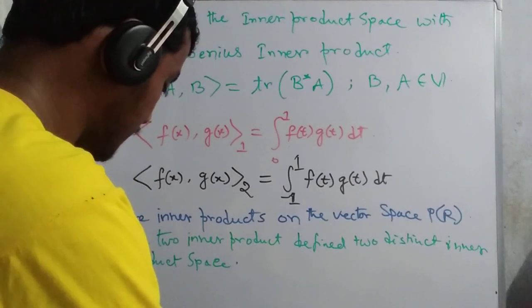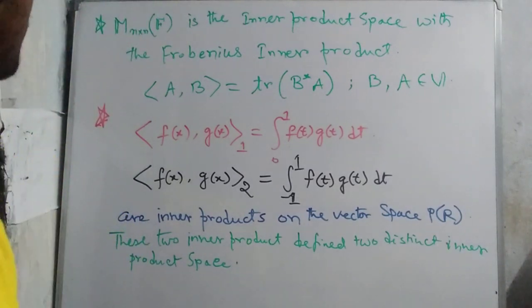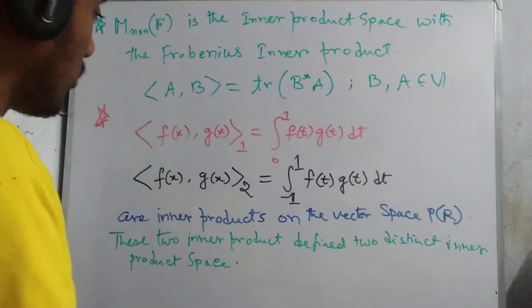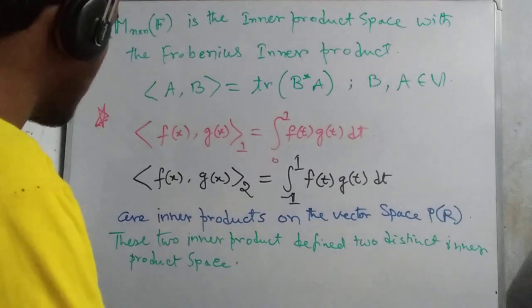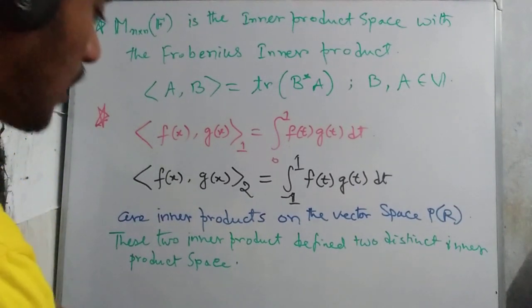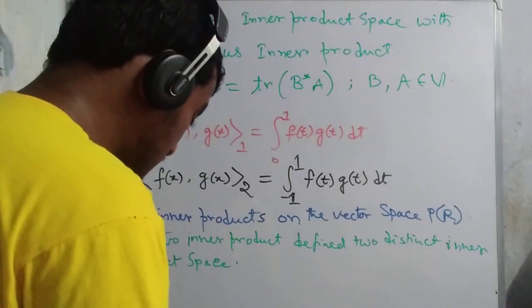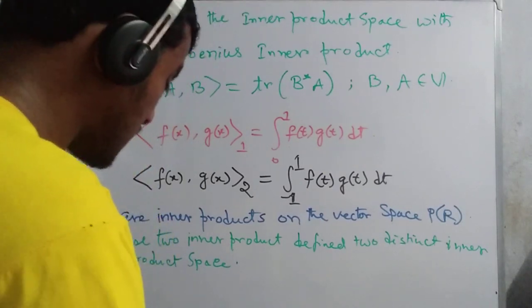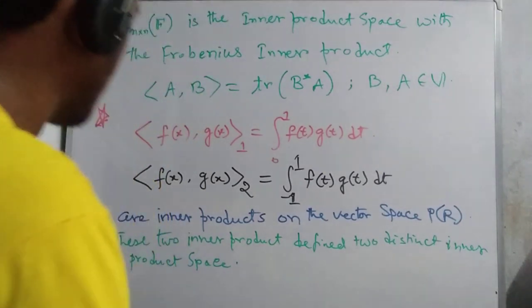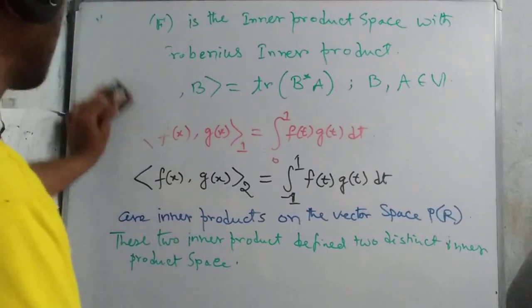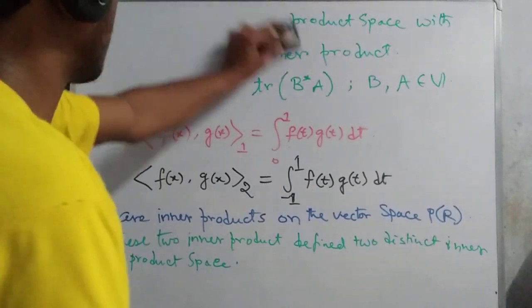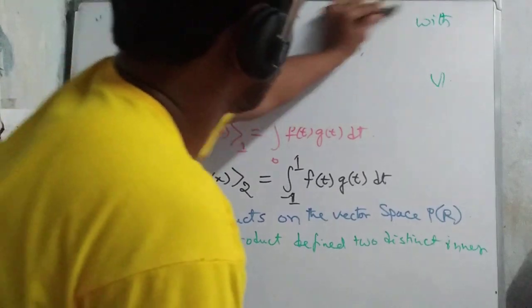Here f(x) and g(x) are polynomials with coefficients from R. Here, how does this become distinct? We also check that. So we erase our portion and go on to further discussion of that.